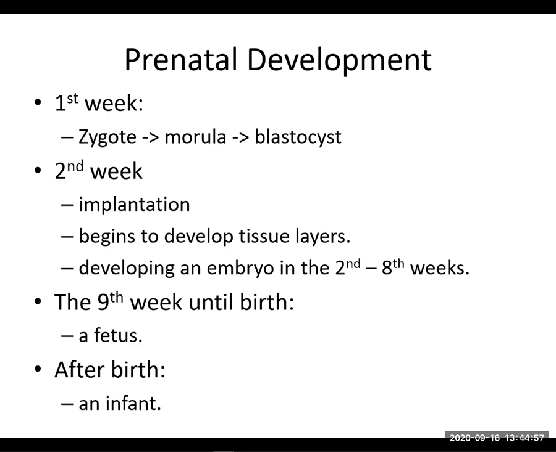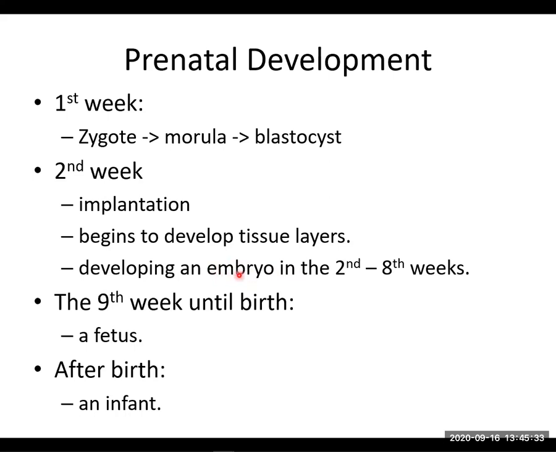In the second week, the placenta builds a connection with the mother, and the cells start to divide. By the end of the 8th week, we will see a lot of body structures become identifiable, visible, recognizable. And in that second week, we call it an embryo.